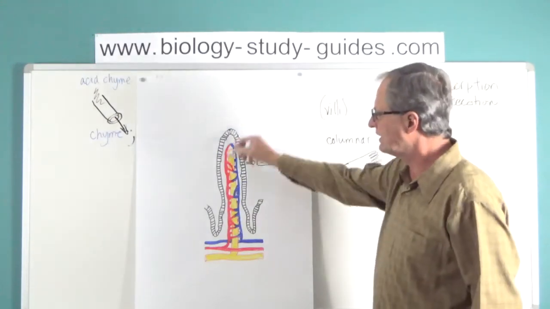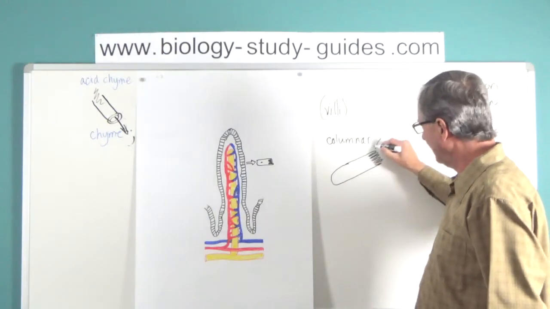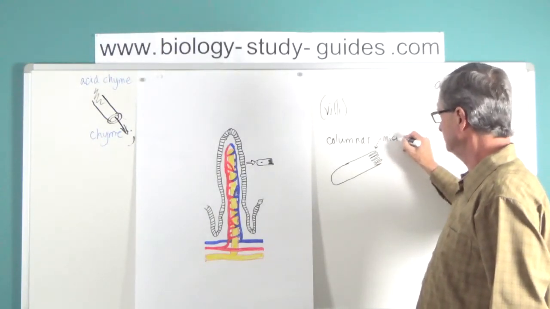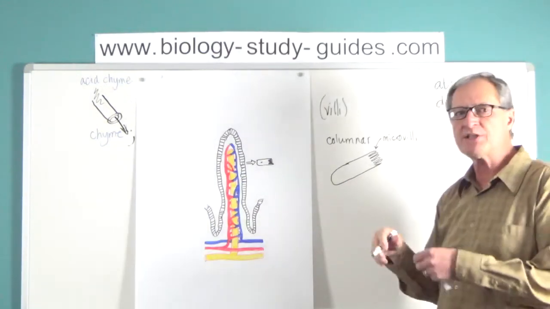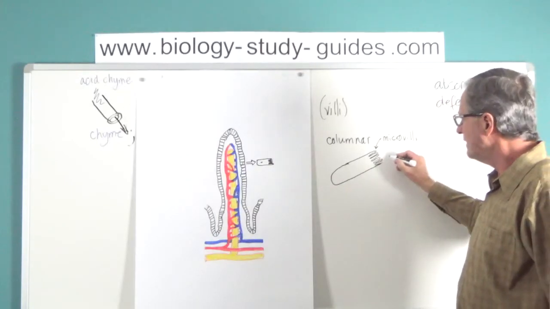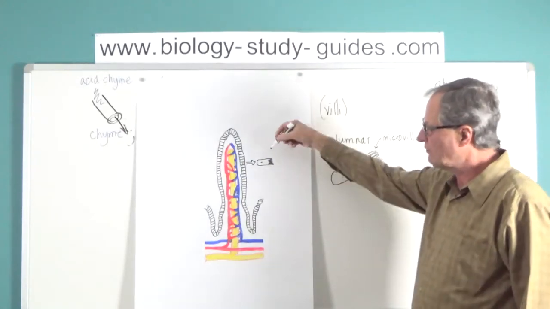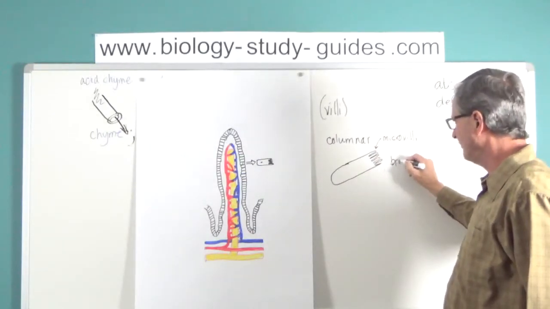So where one of these things is called a villus, these things are called microvilli. Because it provides even an additional layer or level of surface area. When you look at it under a microscope, it sort of looks like a brush effect, so it's called a brush border.